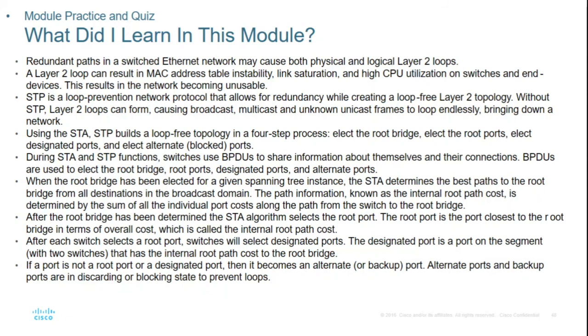A designated port is a port between switches that has the lowest internal root path cost to the root bridge. Then an alternate port is a port that is not a root port or a designated port. Alternate ports do not forward data frames because they are in discarding or blocking state to prevent loops.